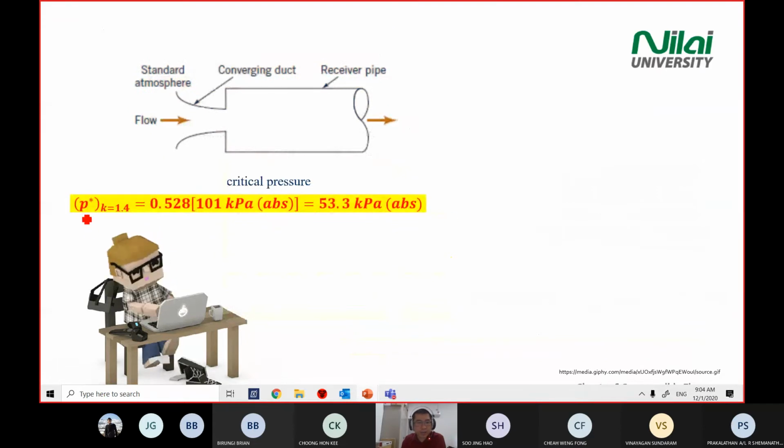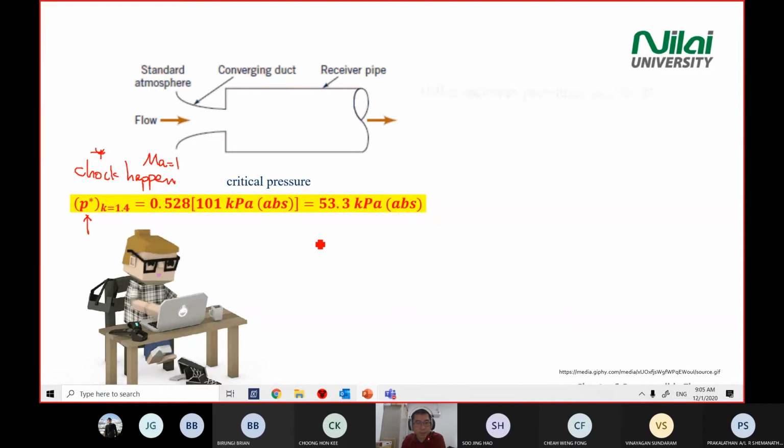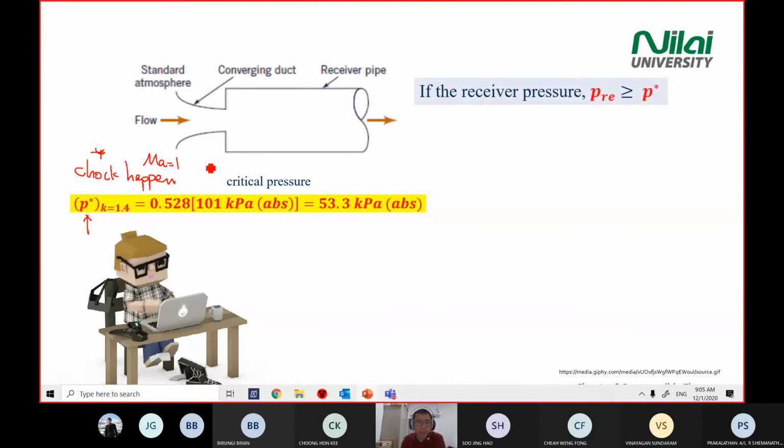So we already find the critical value for our pressure. It means our critical pressure, assuming the shock will happen. When the shock happens, Mach number 1 with the star, at this pressure 53.3. There is a statement here.